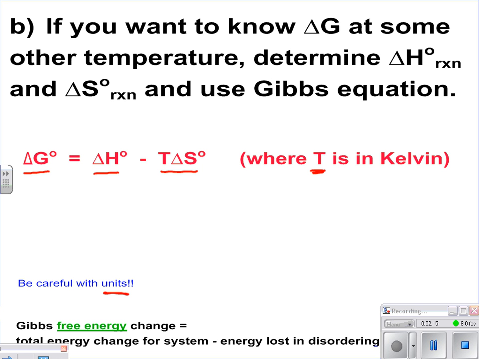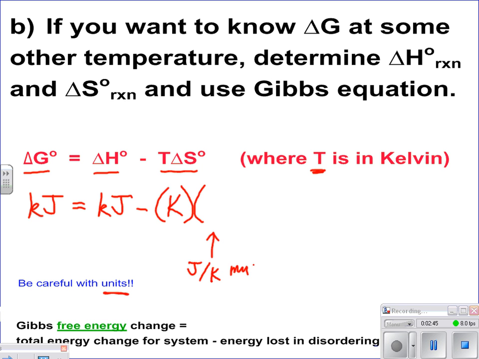You're going to want your delta G values in kilojoules. Your delta H values are given to you in your data table as kilojoules. You're going to subtract T times delta S. T is going to be in Kelvin, and your delta S, the way it's given to you on your data table, is joules per Kelvin.